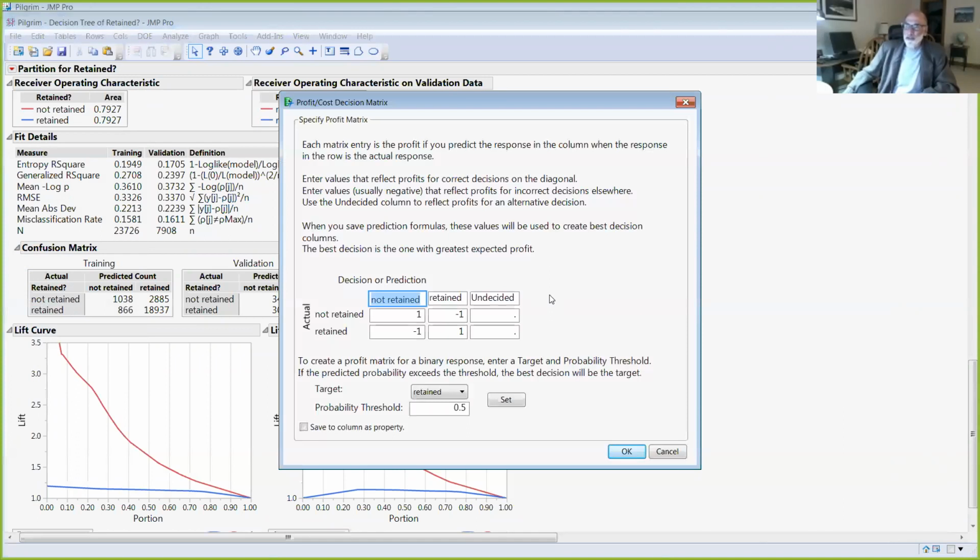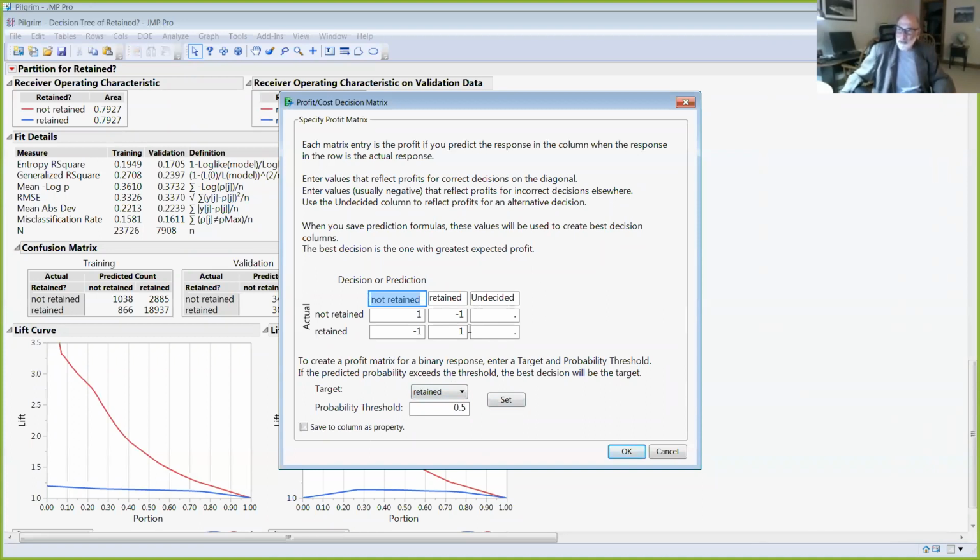What the profit matrix allows you to do is you can, in fact, change the probability threshold here, but what you actually want to do, I think this might save you having to use the add-in. I'm not sure. I thought they made this part of JMP 13, that add-in. You might, if you ignore the matrix part and use the bottom part, you might be able to, no, it doesn't look like you can put in a whole range of values here. You can just explore a different probability threshold.